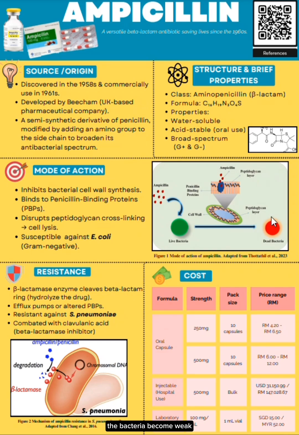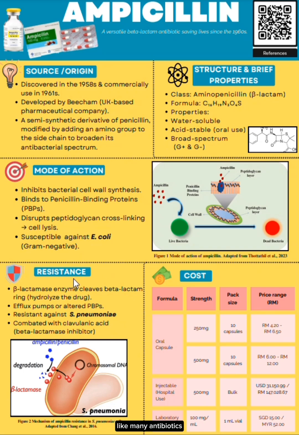As a result, the bacteria become weak and eventually burst open and die. This process is called cell lysis. One example of a bacterium that ampicillin works well against is E. coli, which is a gram-negative organism commonly found in urinary tract infections.